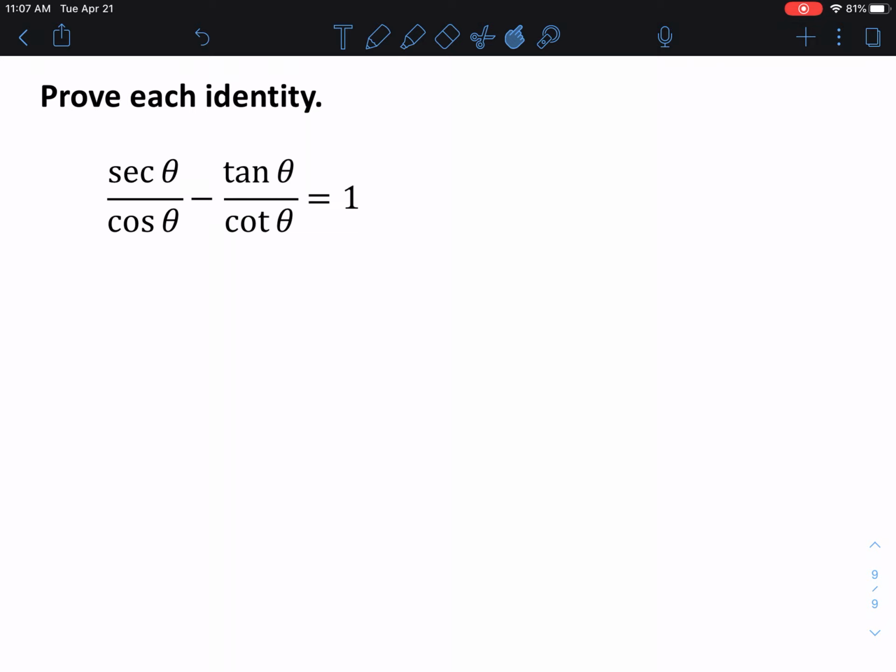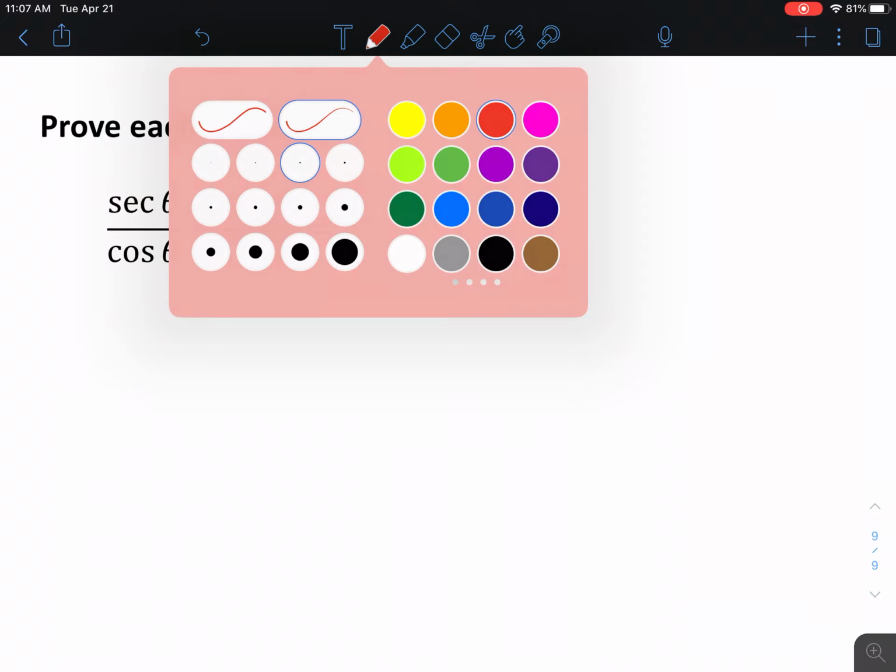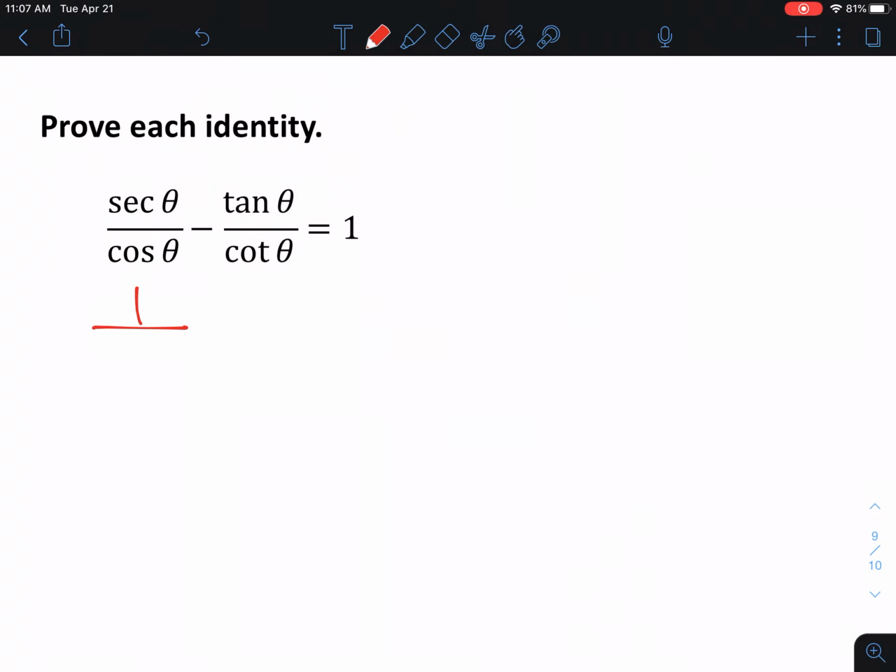So secant, let's try. Secant is 1 over cosine. On the bottom I still have cosine. Okay, minus tangent. I could write it in terms of cotangent, but I think I'm going to rewrite these in terms of sine and cosine, and then hopefully something cancels out.